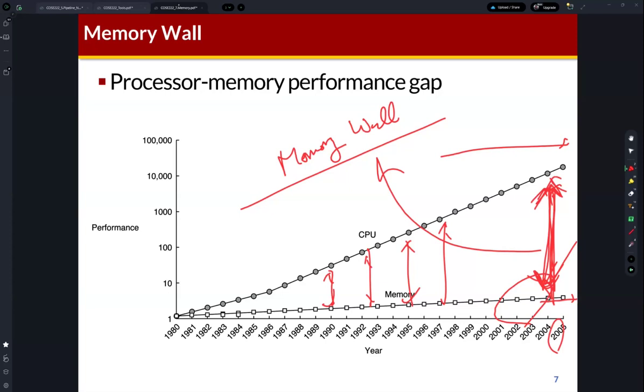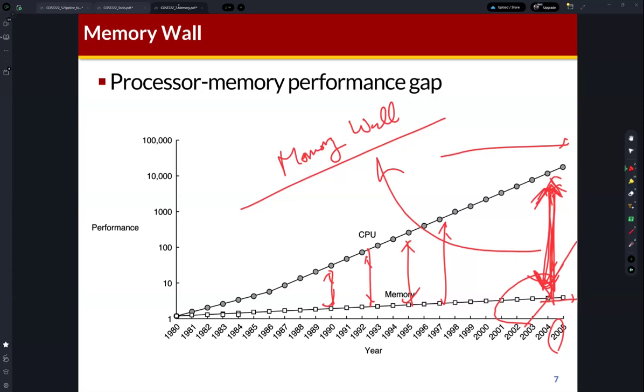So many researchers are focusing on the performance of memory systems. It is still very critical. Why? AI models. Modern AI models such as GPT-4 require a huge amount of parameters, right? Parameter data.